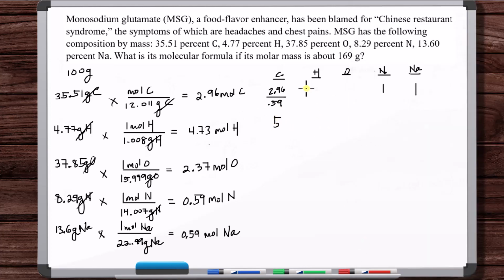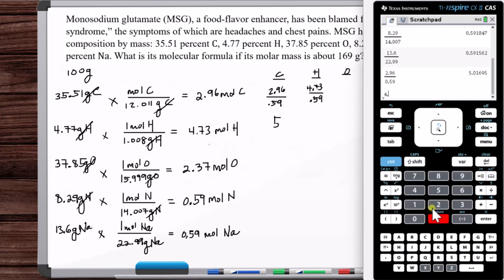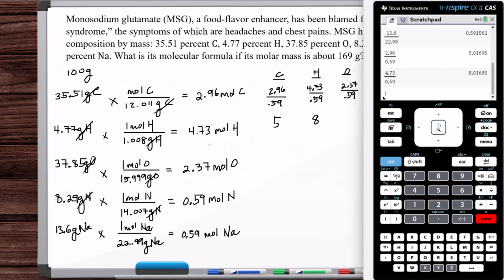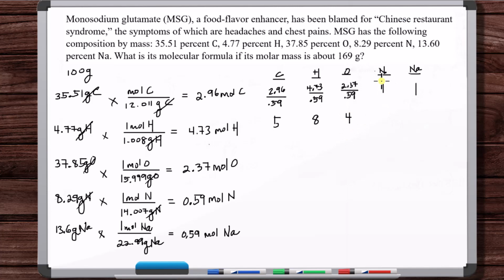Let's take 4.73 divided by 0.59, which is 8. Now let's take 2.37 divided by 0.59, which is 4. And 0.59 divided by 0.59 is 1, for both nitrogen and sodium.